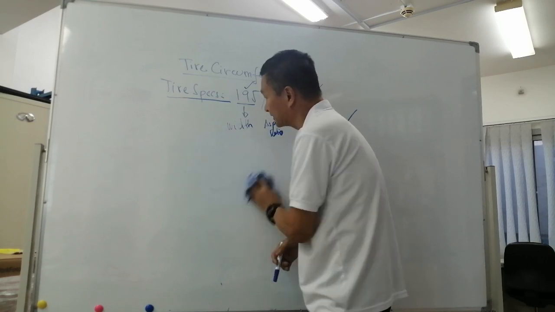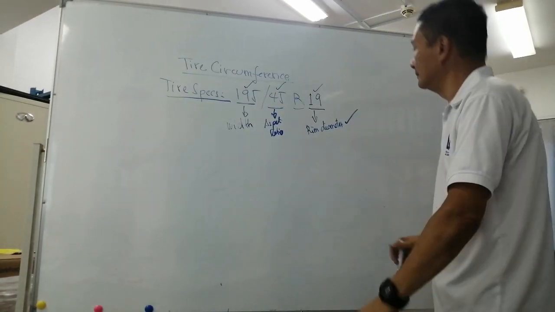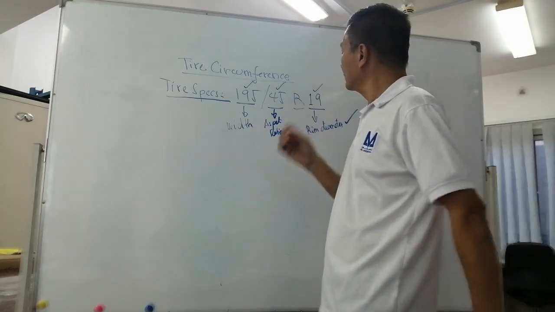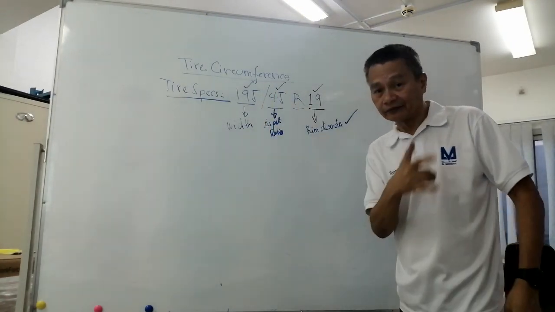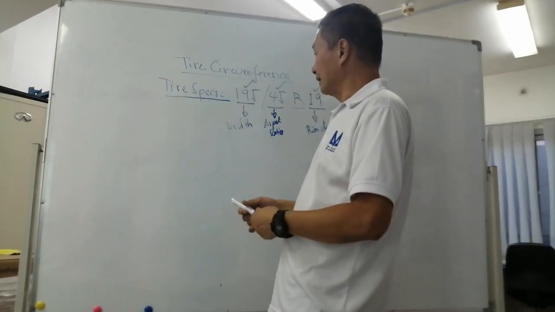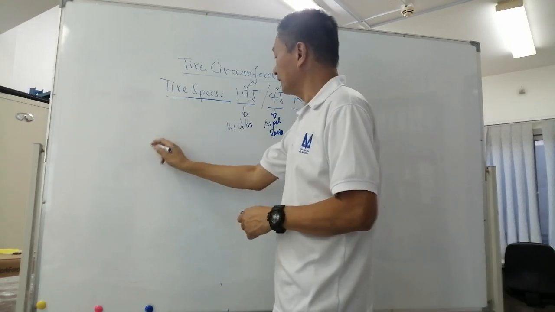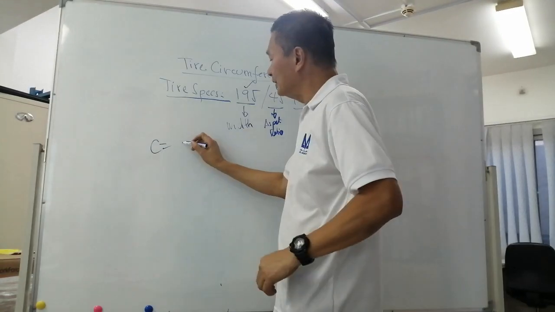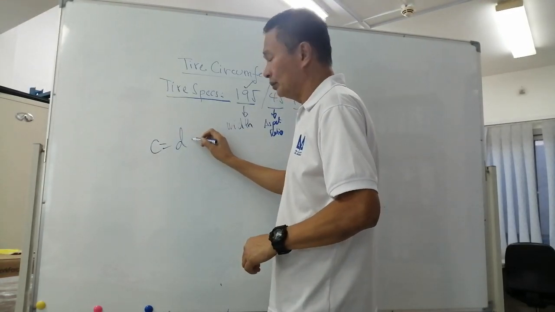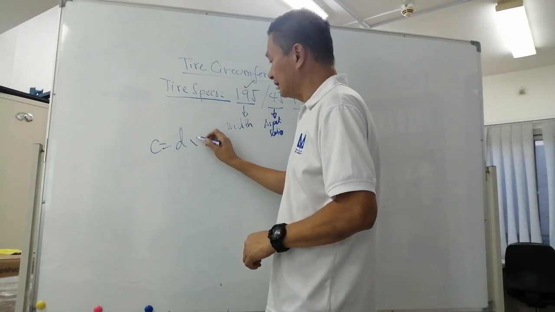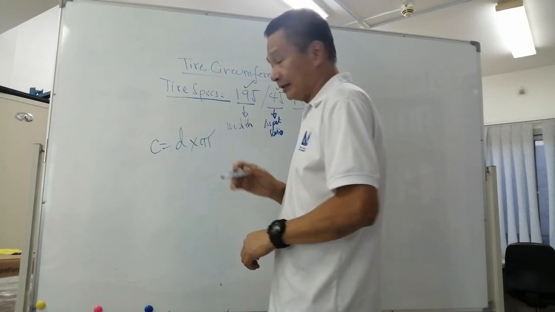Now, go back again to the tire specs. We need to determine the diameter first, which is very important. We will use the formula diameter times pi.